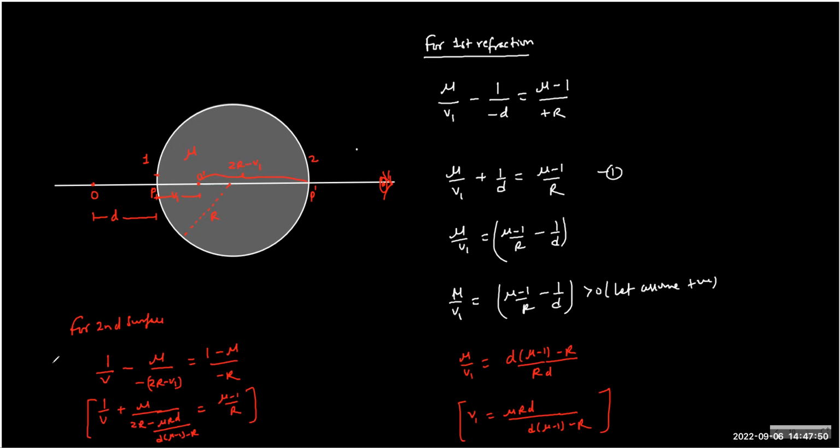So the whole idea was how to solve when we have multiple refractions. The image of the first surface will behave as the object of the second surface, but you need to figure out the actual distance in terms of the way you assume V1. I have taken V1 as positive, so it was easy for me to write.